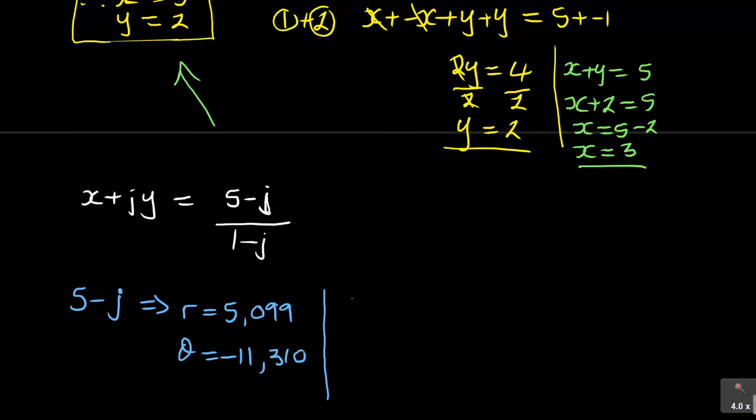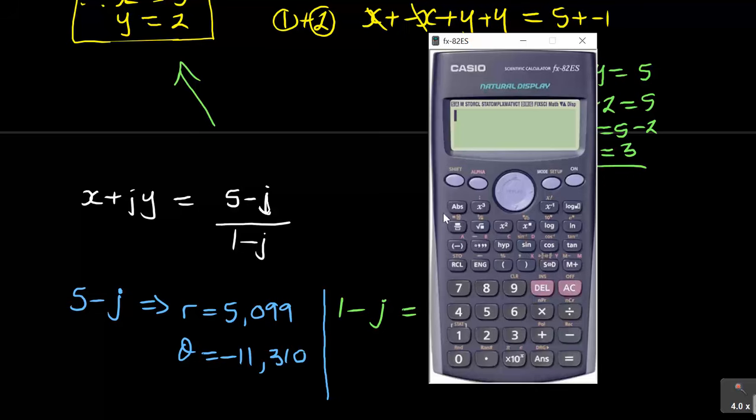What about 1 minus j? If I'm converting 1 minus j into polar form, it's shift polar, 1, and then shift comma, and then minus 1. So I'm converting that one.